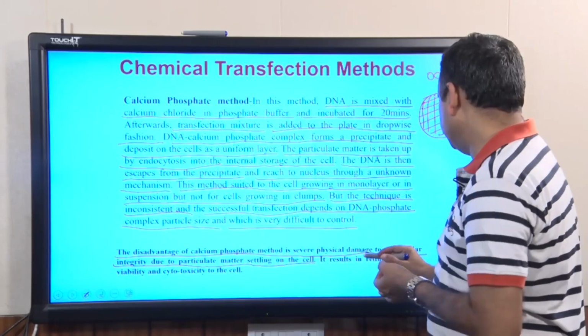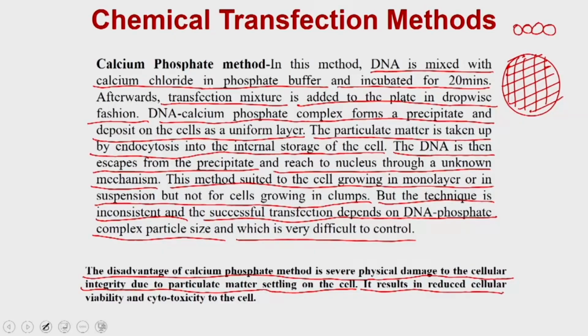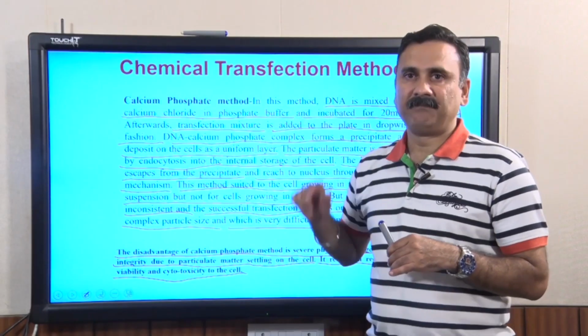So at the end it reduces cellular viability and causes significant cytotoxicity to the mammalian cells, and that is why the calcium phosphate method is not very popular for these cells.